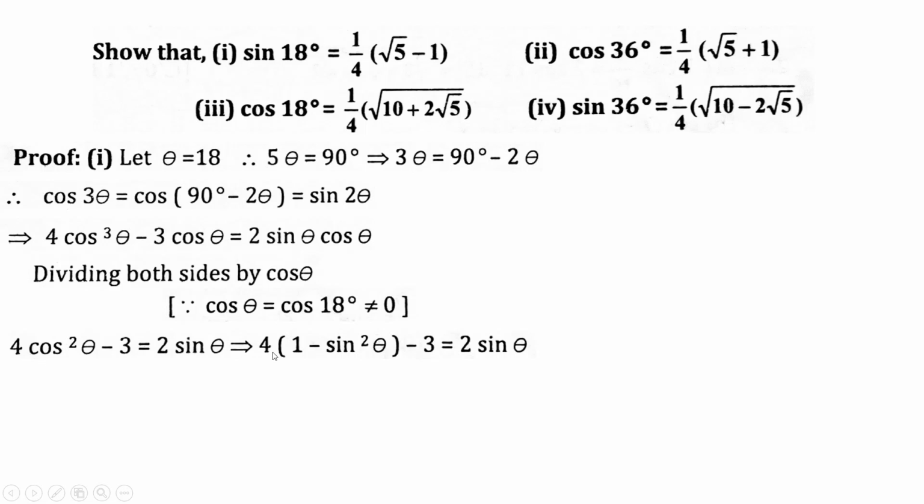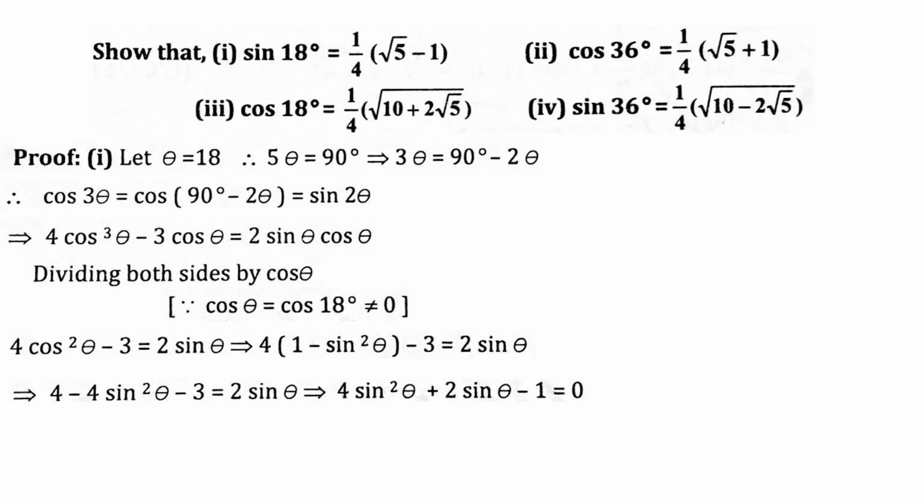That is, 4 into cos square theta means 1 minus sin square theta, because you know the formula sin square theta plus cos square theta equal to 1. Now 4 minus 4 sin square theta minus 3 equal to 2 sin theta. Or by calculating we get 4 sin square theta plus 2 sin theta minus 1 equal to 0.